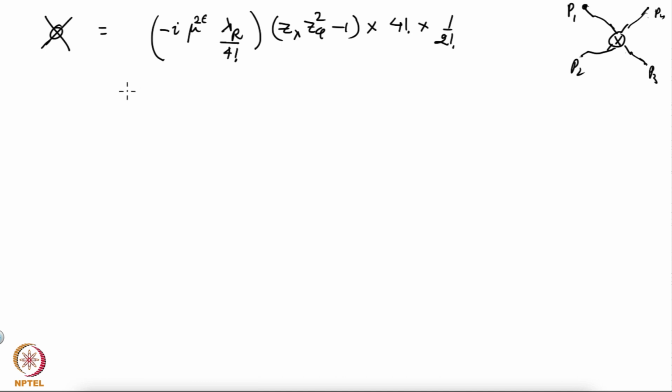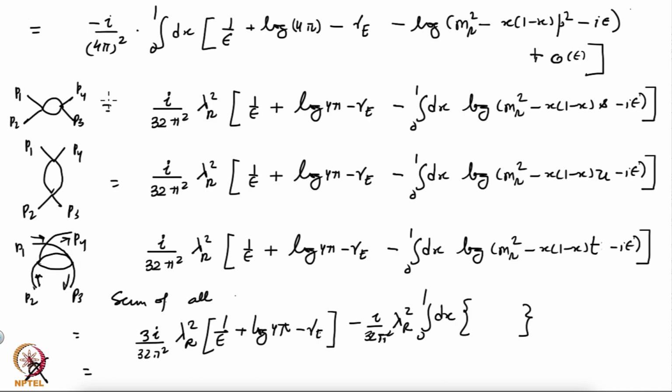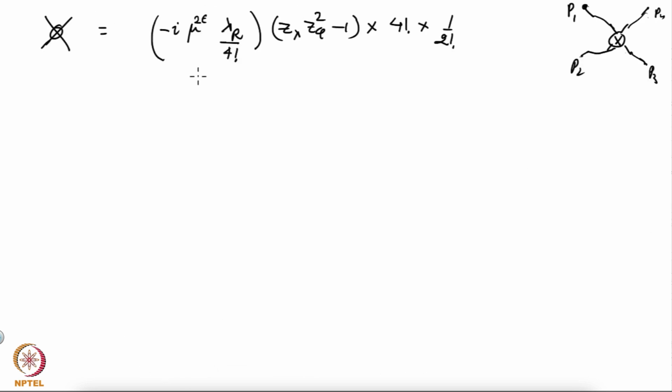So now to cancel the infinities, I require that the sum of this singular piece, let us work in MS scheme, minimal subtraction. I will remove only the 1 over epsilon pole. So this together with the counter term should vanish, okay? And because I am interested only in the pole, this epsilon I can put to 0, okay?